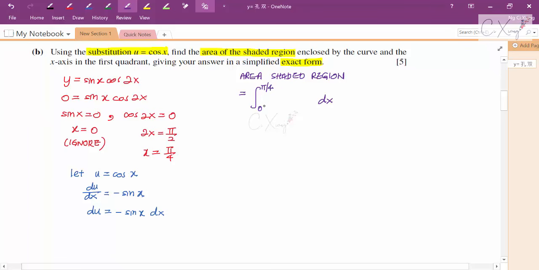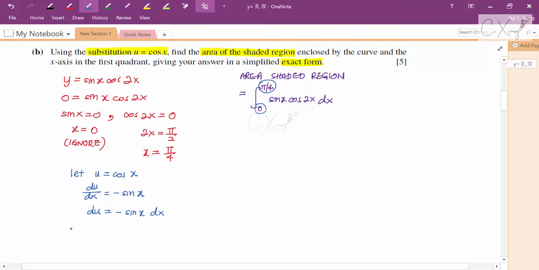The area is covered by this value of x. Then the integration will be sine x cos 2x. All right, so when I want to apply the substitution method for this integration, besides substituting this into my solution here, I also need to consider the limits, because all these limits are for the value of x.